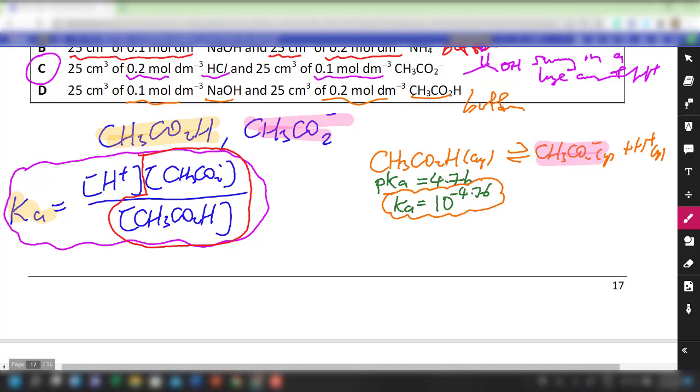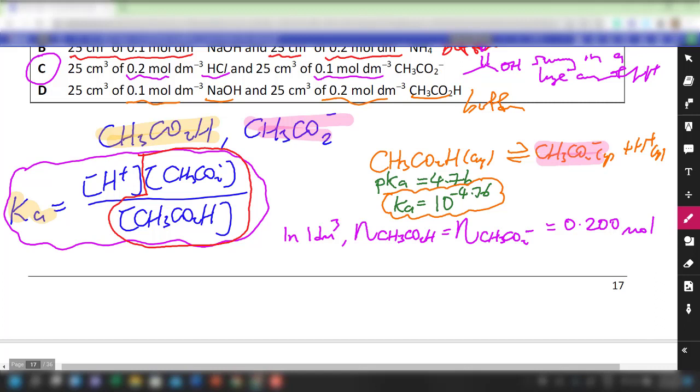Also suppose that in my solution, I have the same amount of ethanoate as well as ethanoic acid. I'm going to give you this scenario: in 1 dm cube, the amount of ethanoic acid equals the amount of ethanoate, and I will just give a random number, let's say 0.200 moles. Then you'll notice a very interesting phenomenon.